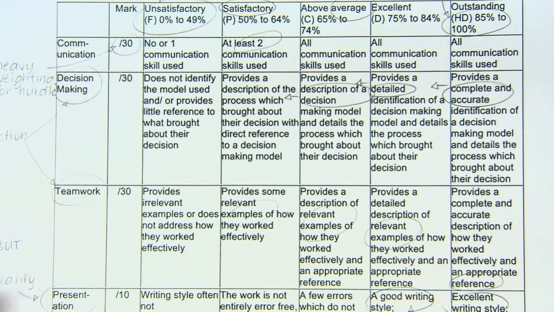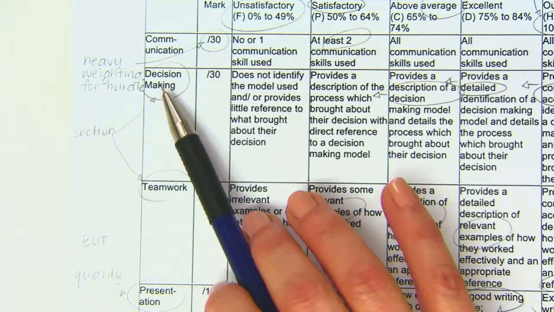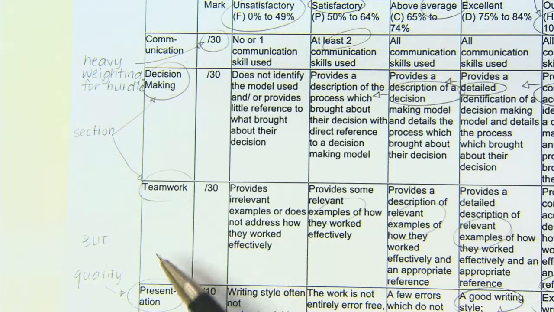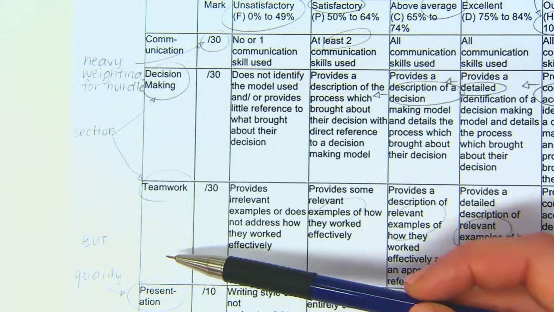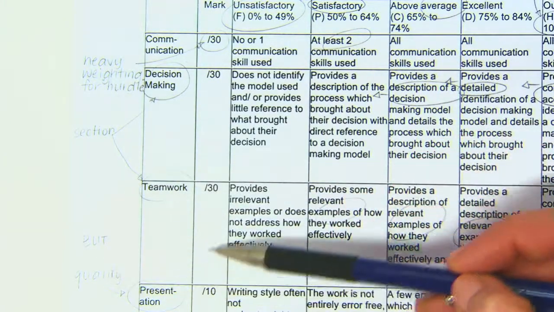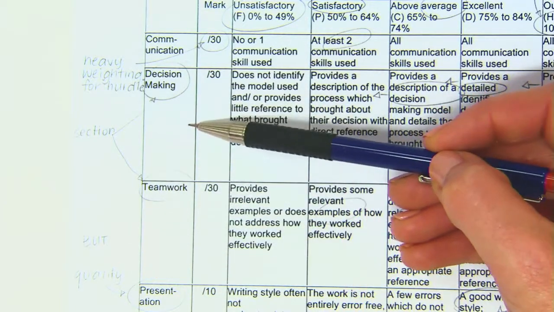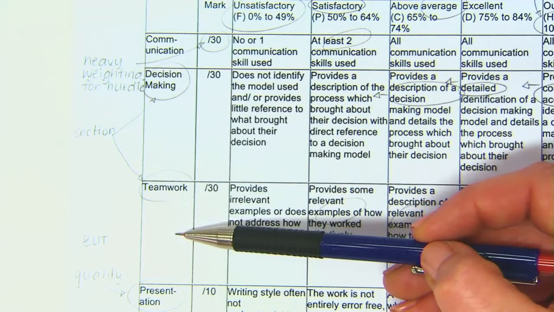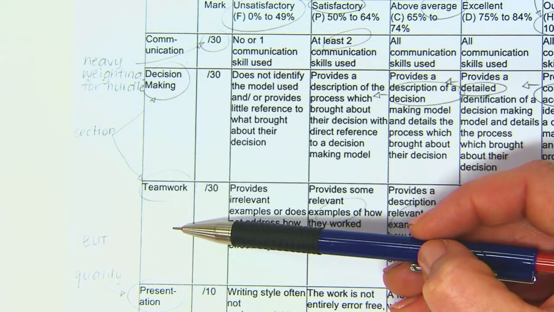So my suggestion would actually be, instead of having the section of the assignment listed as a criterion, which they aren't, I would have completeness and accuracy, and I would have use of examples and supported by references. So that first one relates to the quality of the analysis. The second one would relate to the use of evidence and supportive arguments.